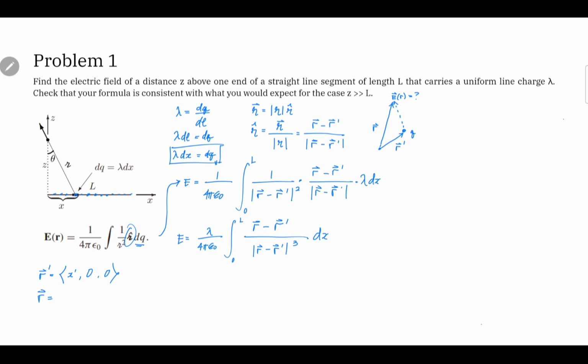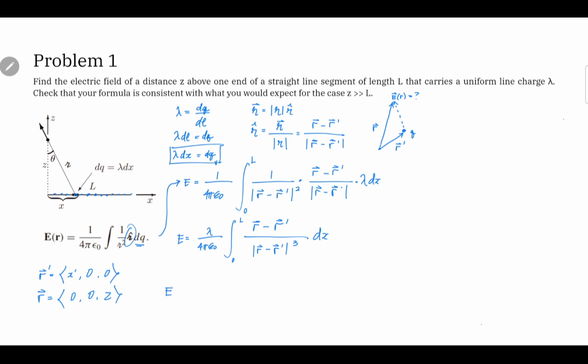And because we're just looking strictly at one axis, we can write r, no prime, as 0, 0 along z. Okay, now we have our quantities. It should practically make things easier, right? Correct, it will. Now, we simply substitute those values.